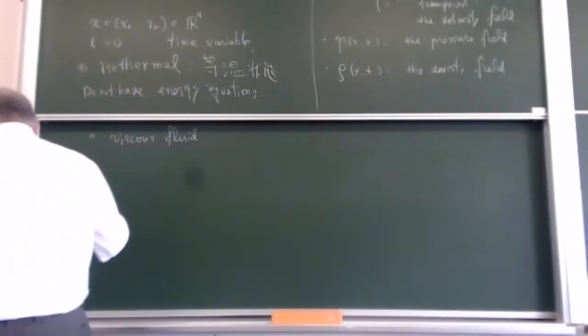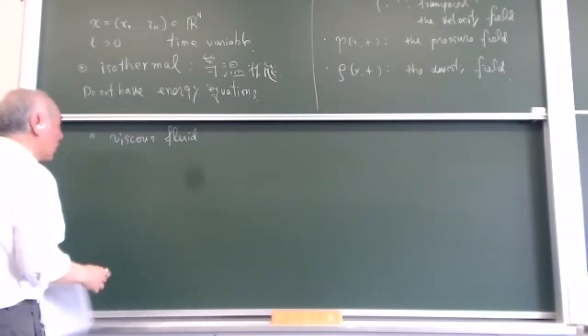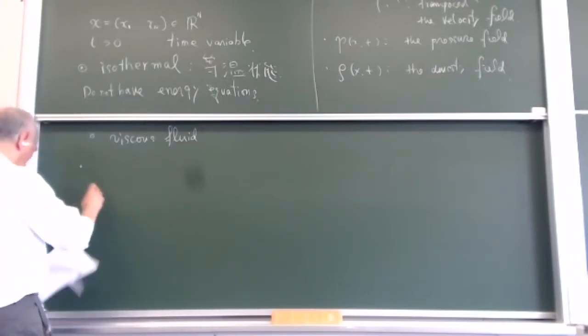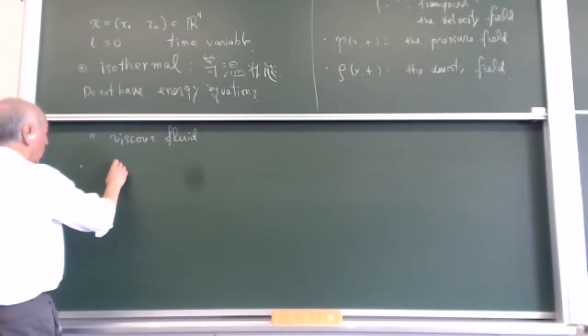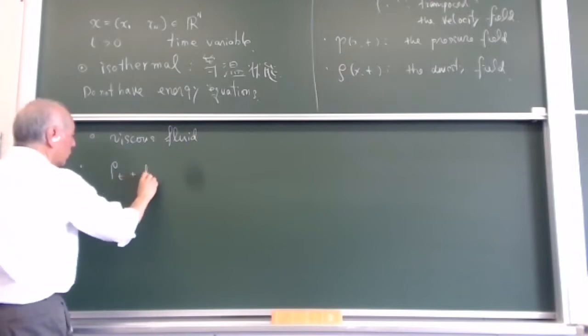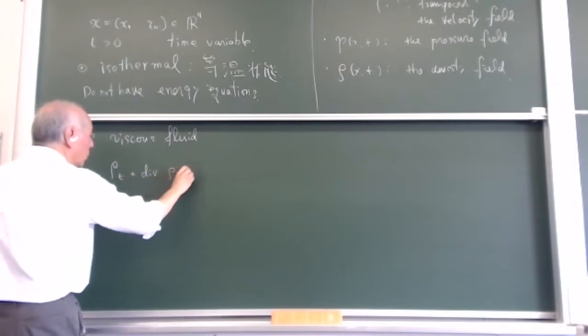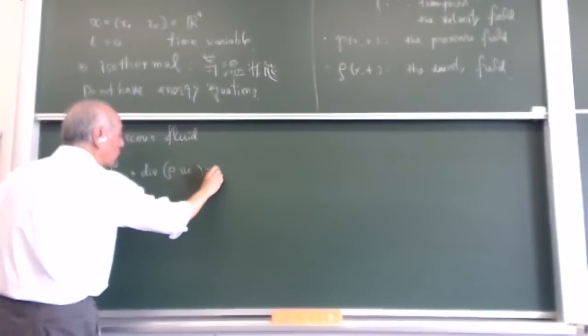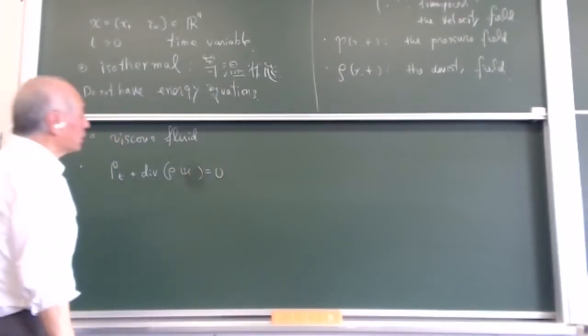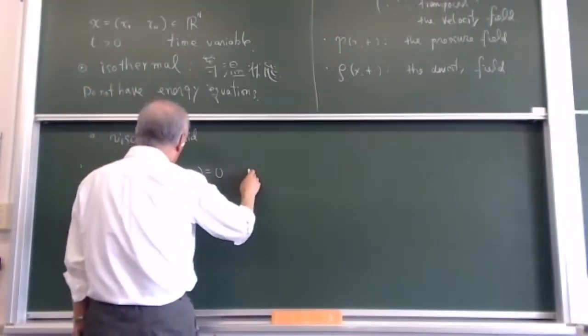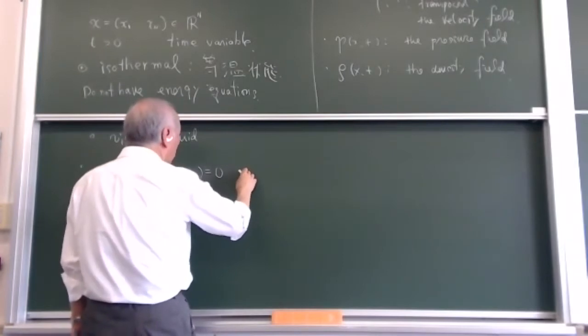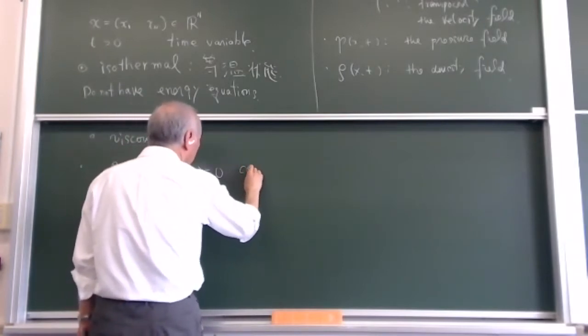Anyway, then we know that the first equation is rho t plus divergence of rho u. This is the equation of mass, the conservation of mass.